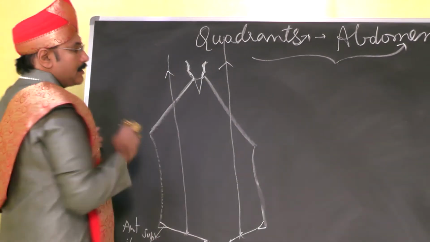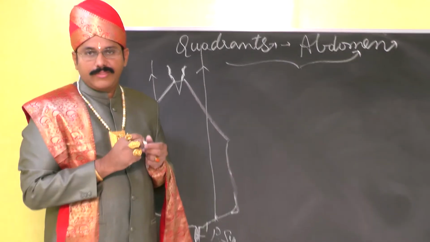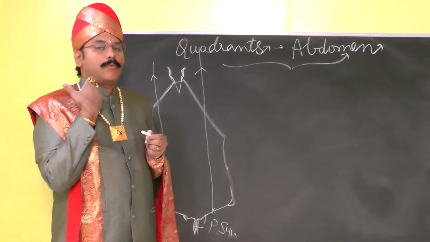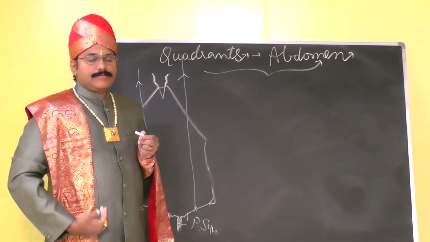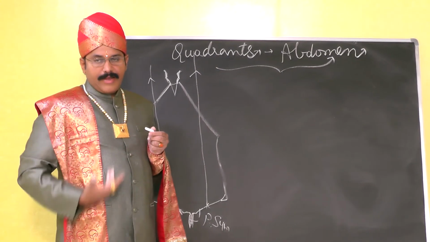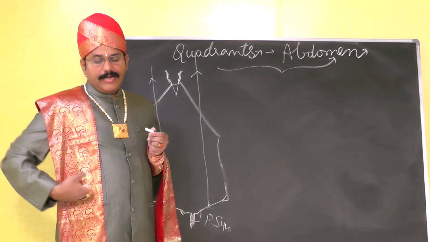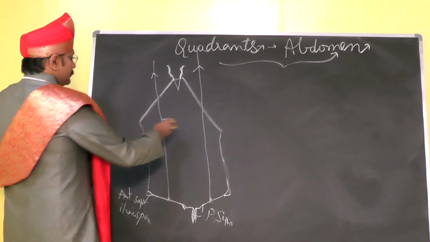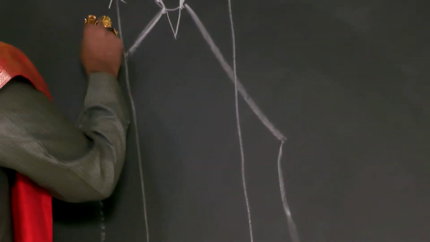These roughly correspond with the mid clavicular line. Now you know the clavicle is the collarbone. So these are the 2 vertical lines, right and left.